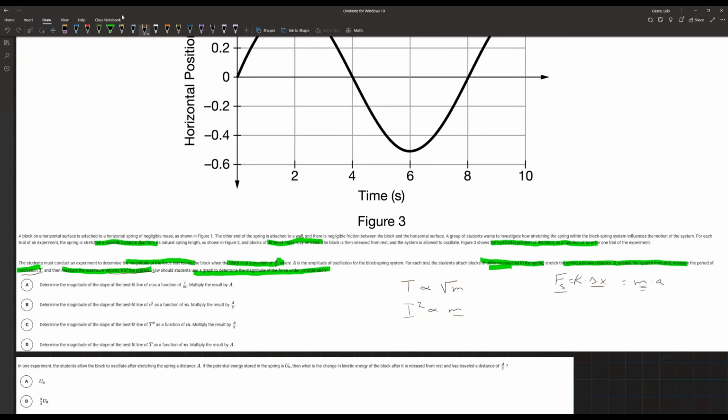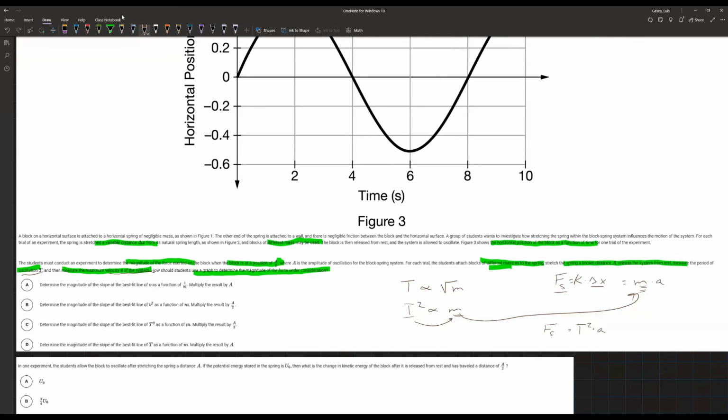And we know the mass. So the idea here is that we can work with T squared because T squared is going to give us mass. And so we get T squared times a is going to give us the force in the spring.